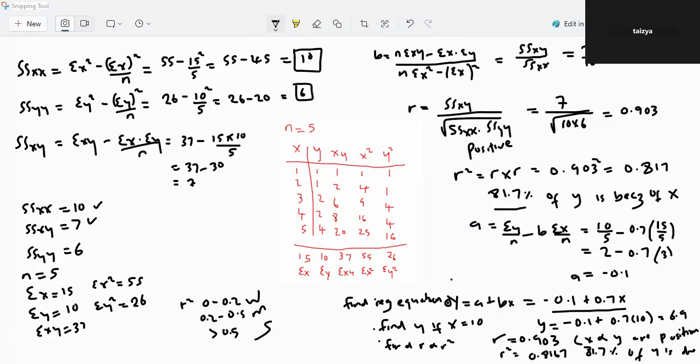I'm asking about the coefficient of correlation. The coefficient of correlation ranges between negative 1 and positive 1. The closer you are to positive 1, the more perfectly positive the relationship is.